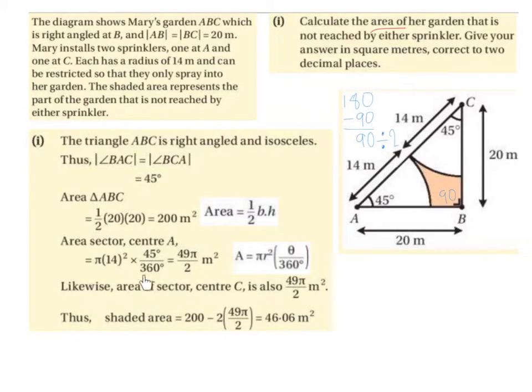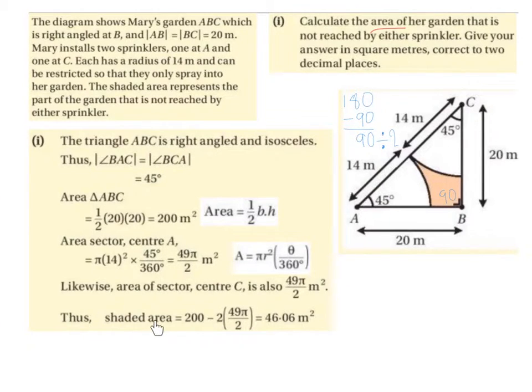And likewise, the area of the sector with the centre C is also 49 pi over 2 meters squared. So the area of this sector here is 49 pi over 2 meters squared, and the area of this sector here is the exact same.